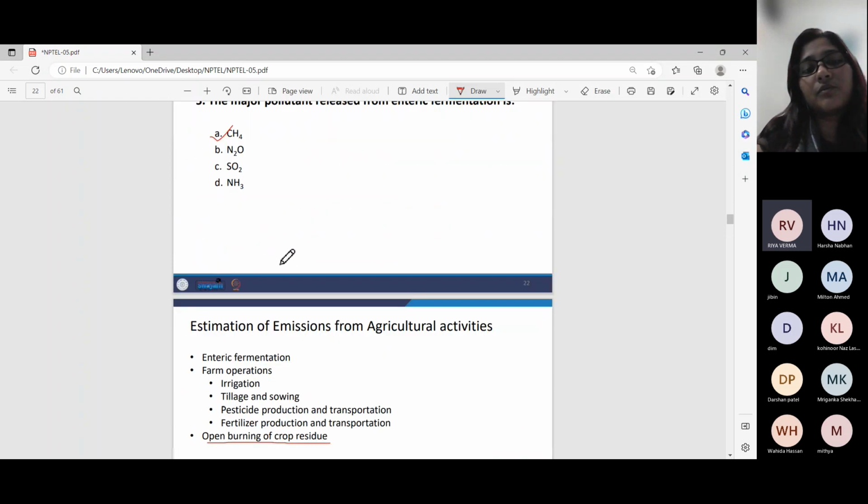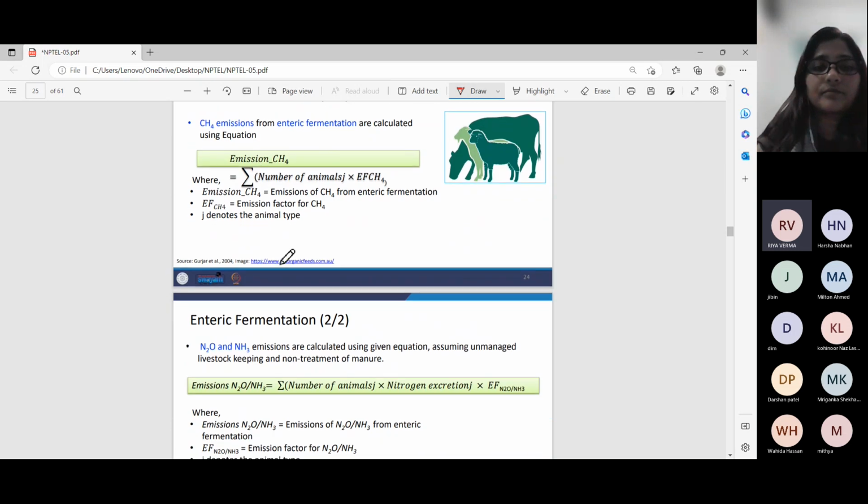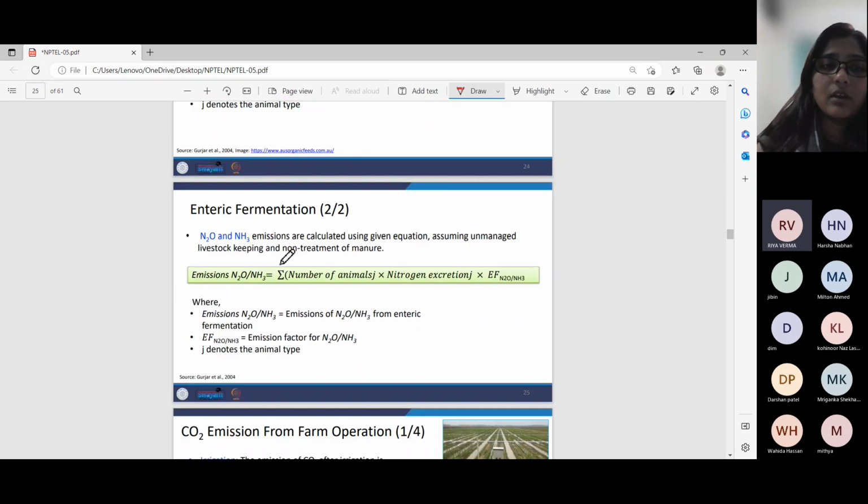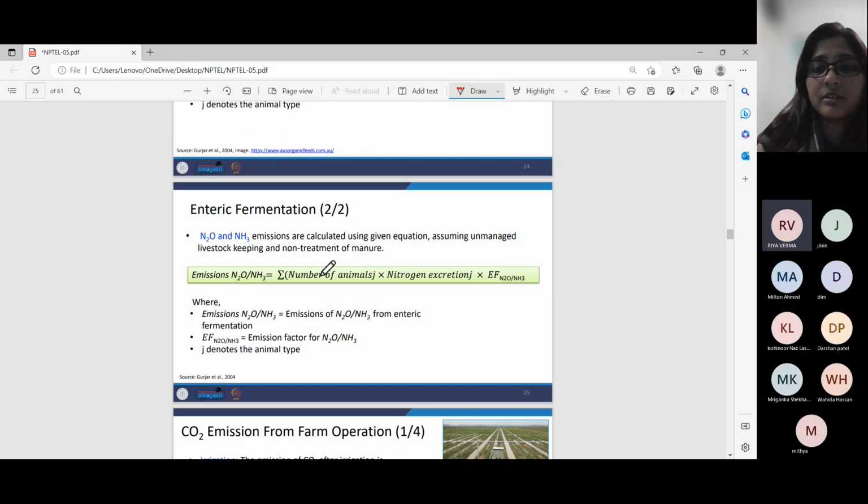Let's mark this as CH4. And the N2O and NH3 emissions are calculated using the given equations. This is basically nothing much, just the number of animals multiplied by your emission factors.